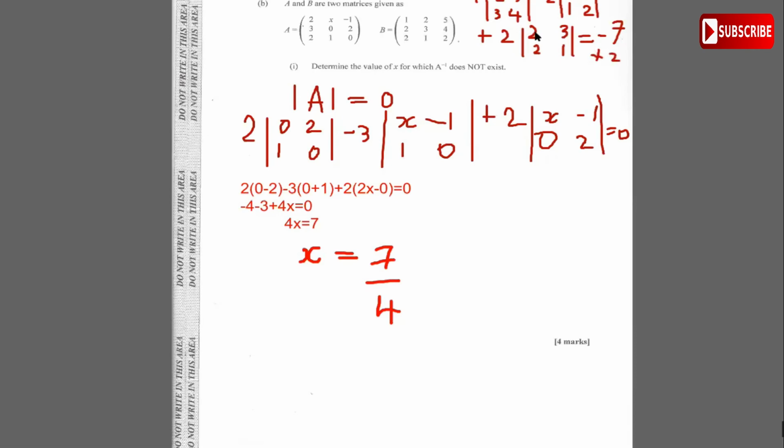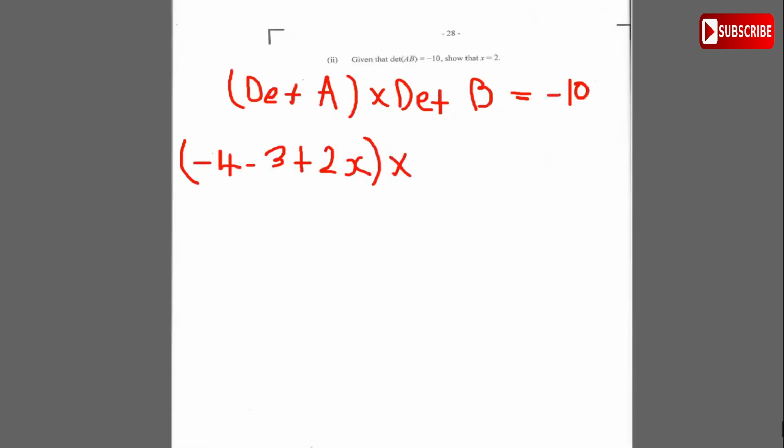And this part is 2 times 1 is 2, minus 3 times 2, which is minus 6, so 2 minus 6 is negative 4, and negative 4 times 2 is negative 8. So negative 7 plus 2 is minus 5, minus 8 is negative 13. So the determinant of B is minus 13.